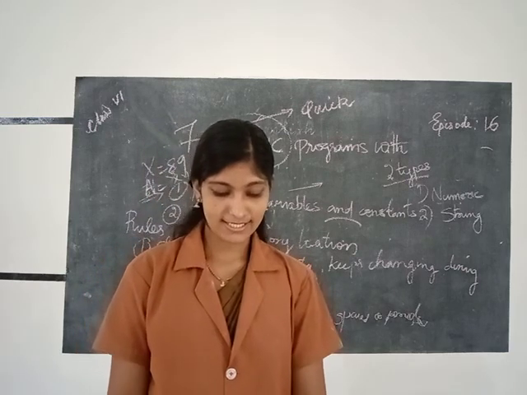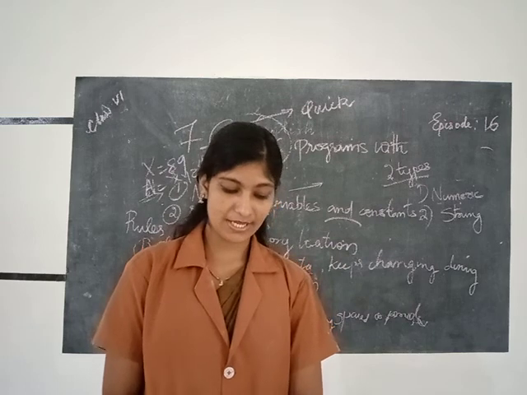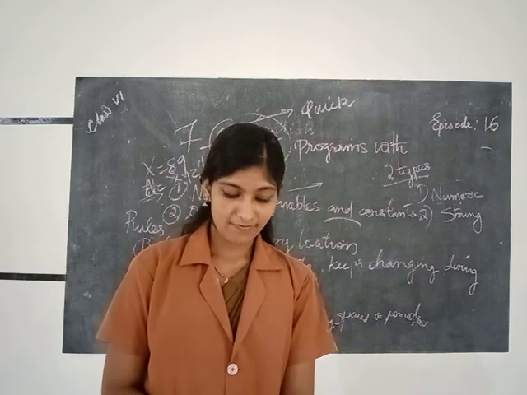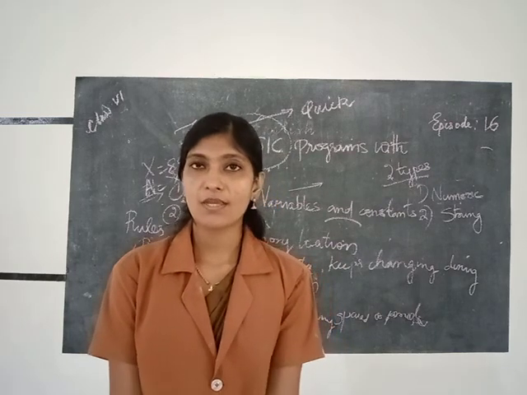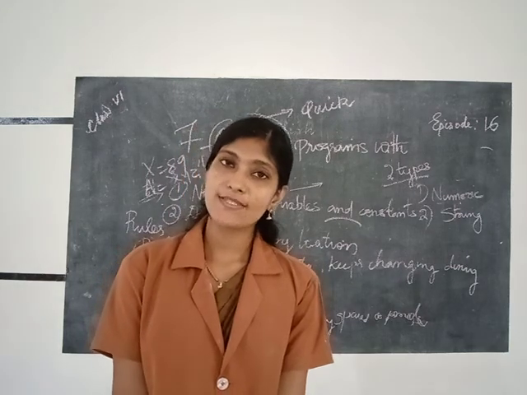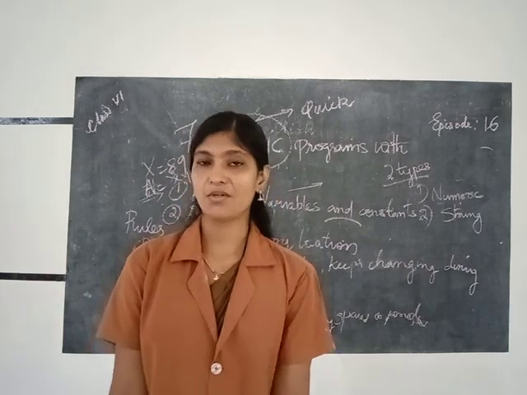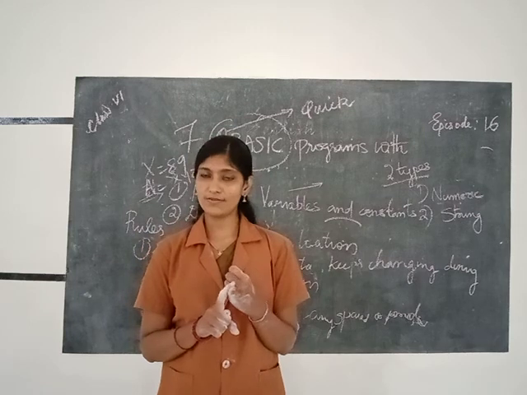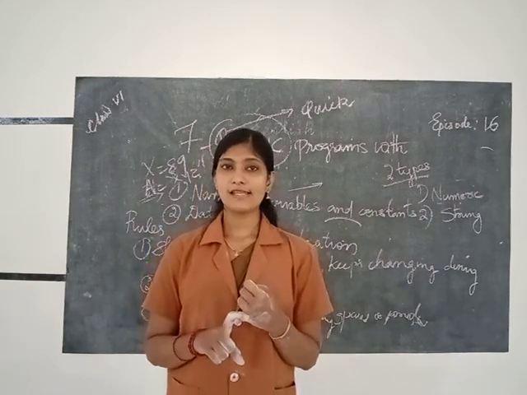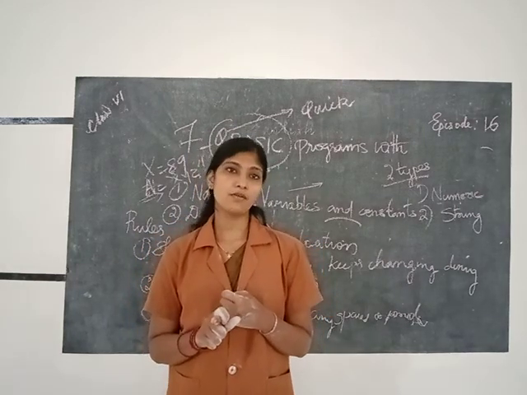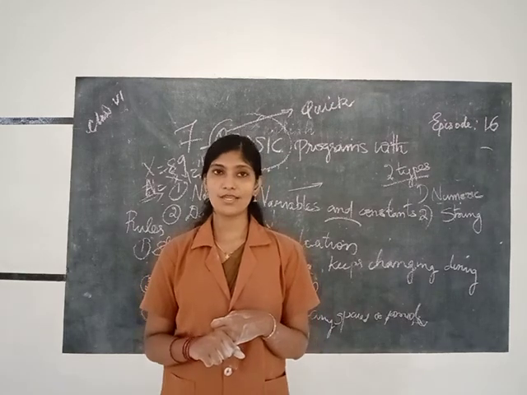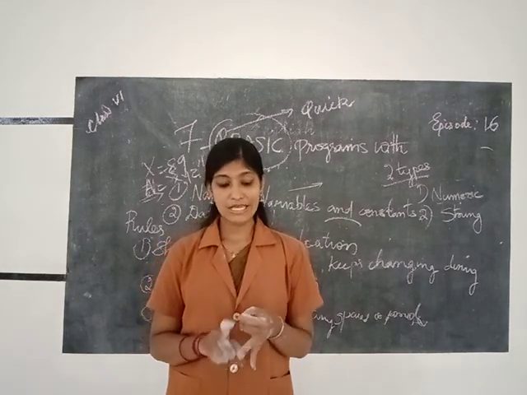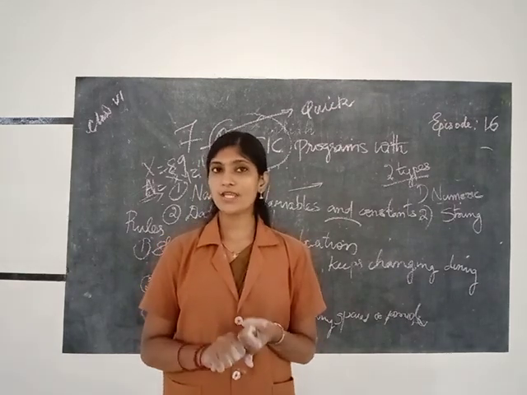So once again, what is the difference between a variable and a constant? A variable is a memory location whose contents keep changing during the execution of a process. First we discussed what a variable is, and then the different types of variable: numeric variable and string variable.